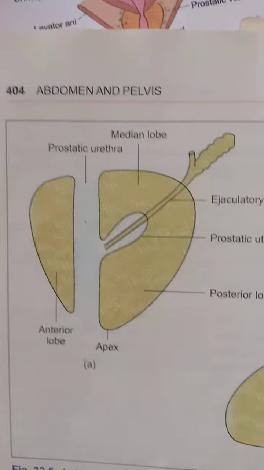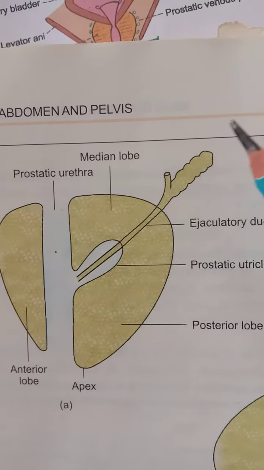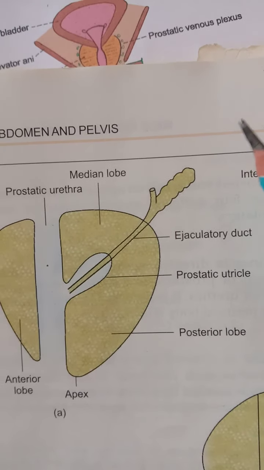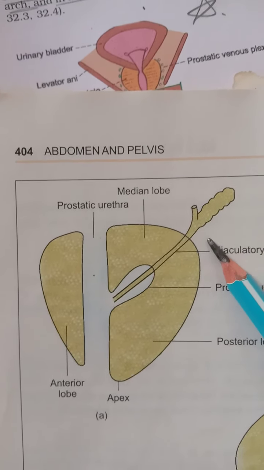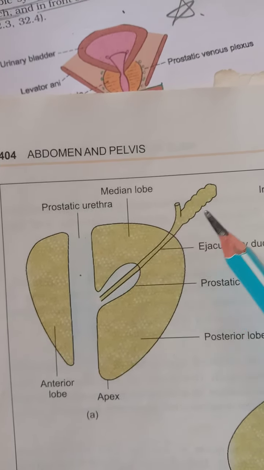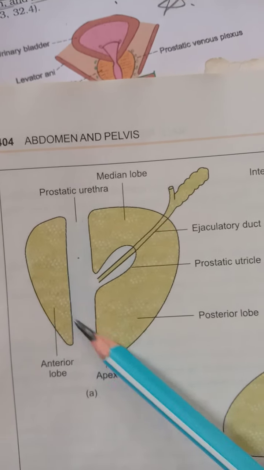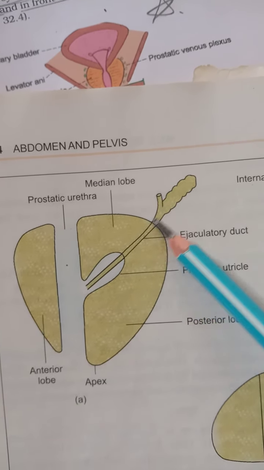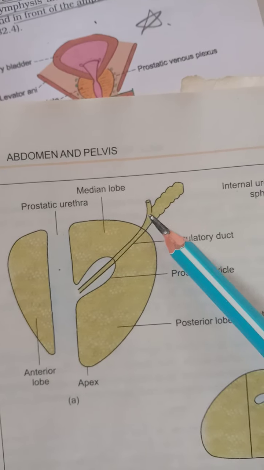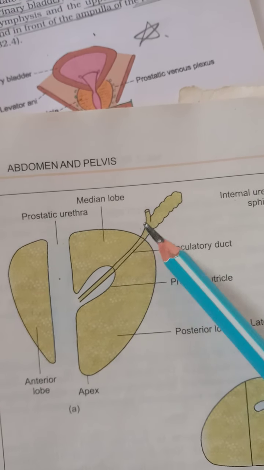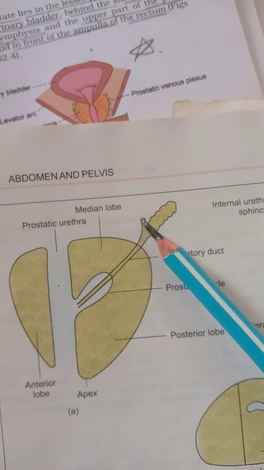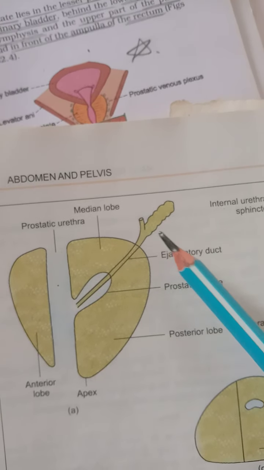Then, each duct travels antero-inferiorly through the upper posterior half of the prostate gland. Here you can see the prostate gland, and it enters into the prostate, into the upper half and posterior side, along the side of the prostatic utricle.